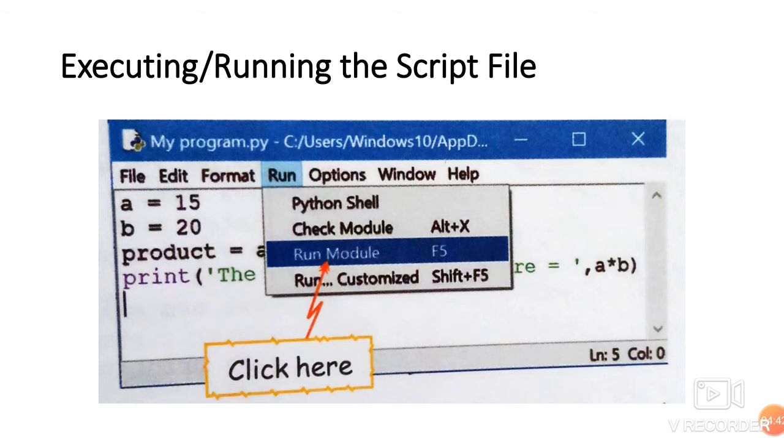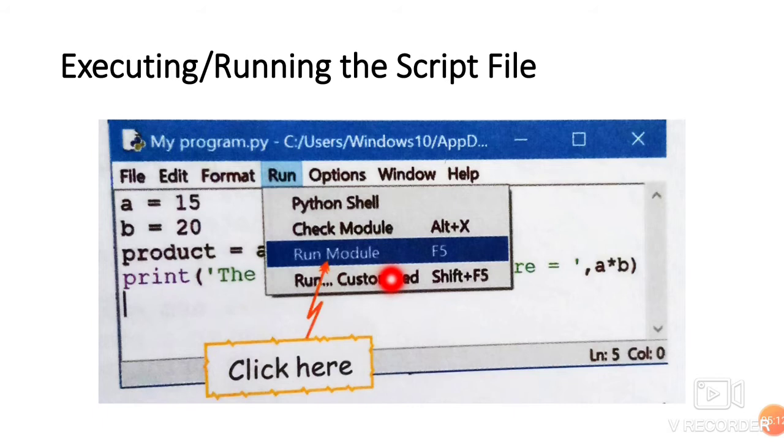The steps are: open the Python IDLE shell, click on file, open, and go to the location where you saved the program. Then click on the run option. It will open a number of menus. From those menus, click on run module. When you click on run module, your program will get executed.